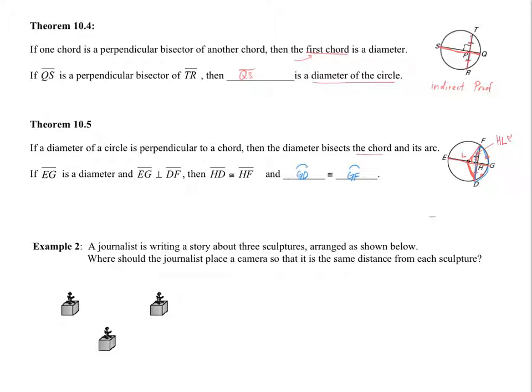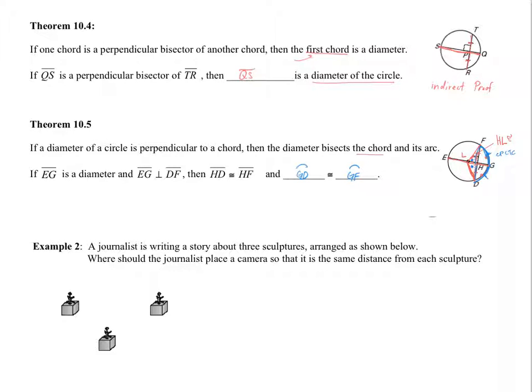And then we can say that this central angle is congruent to this central angle by CPCTC. And since this central angle corresponds to measure arc FG, and this angle corresponds to measure arc GD, then by definition of congruent arcs, they should have the same measure.